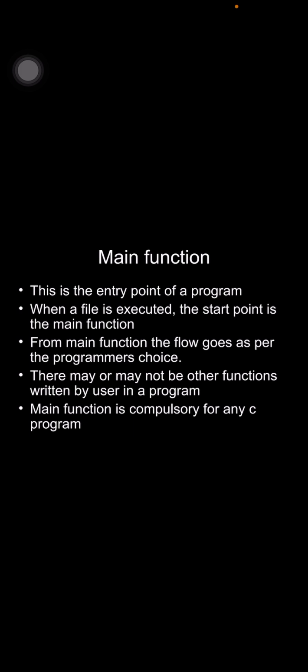Program execution starts from the main function, and then the flow goes as per the programmer's choice or based on the instructions or statements that we will add in the program. A program may or may not contain other functions which are called user defined functions, but main function is compulsory in C program.